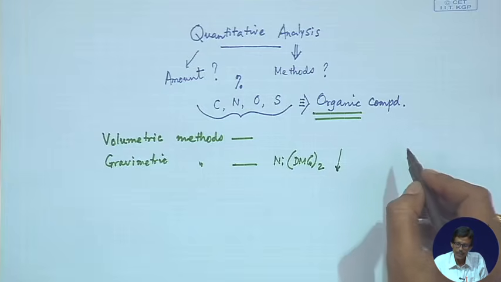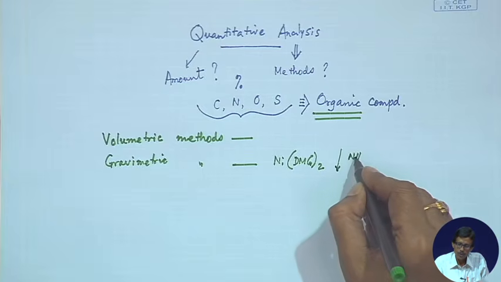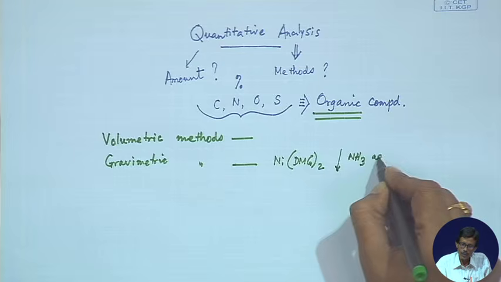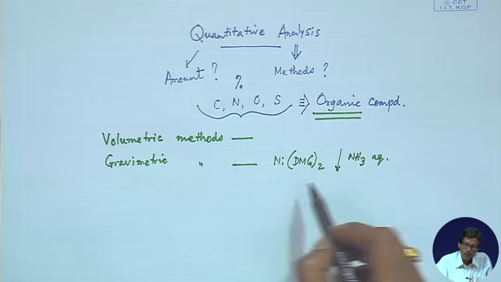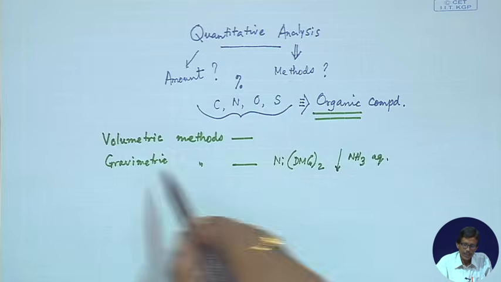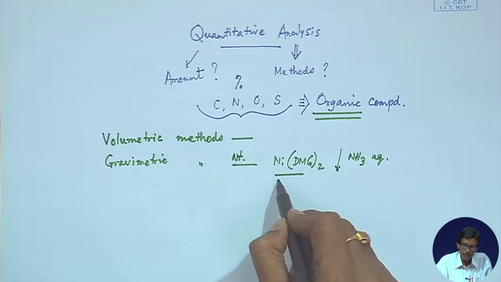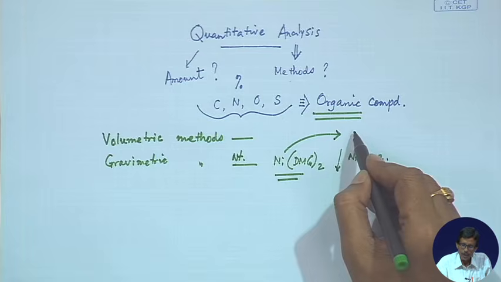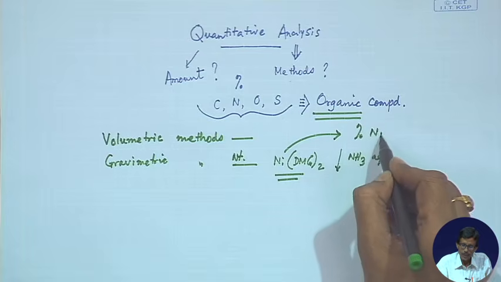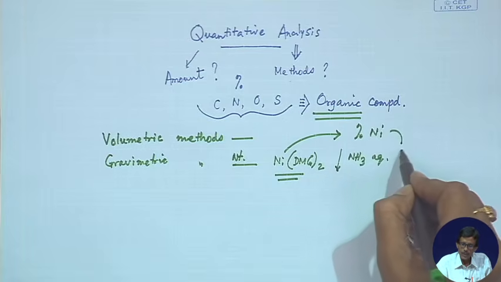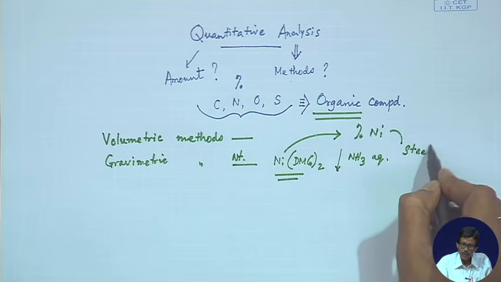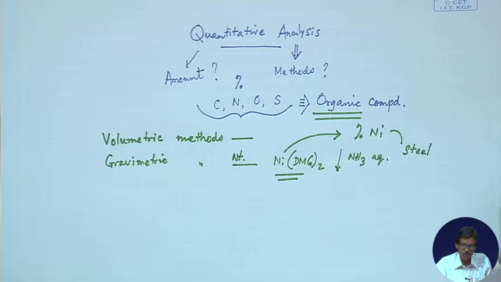an aqueous medium, in ammoniacal aqueous medium, because ammonia solution, aqueous ammonia we have to add. So, nickel DMG will be precipitated, and we take the weight. So, the weight of this nickel DMG precipitate can tell us about the corresponding percentage of nickel in the unknown sample, which is our steel sample or any stainless steel sample.